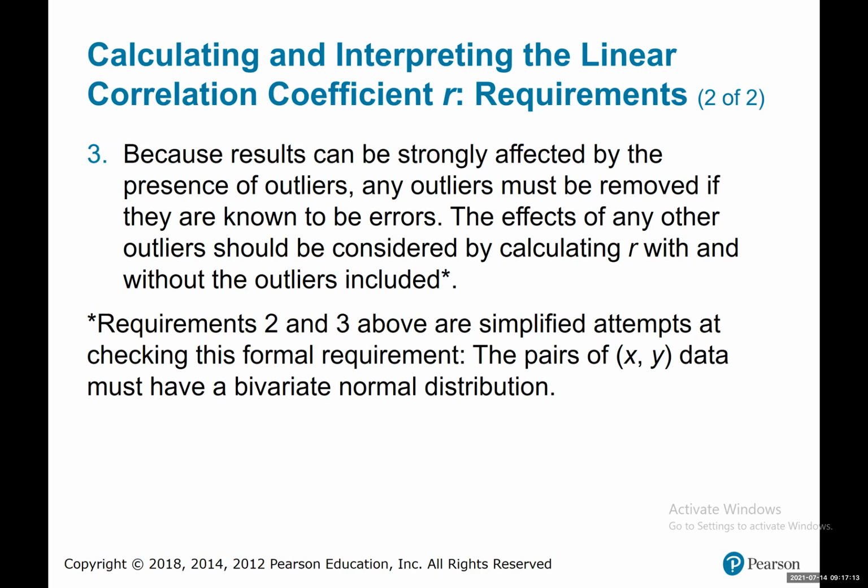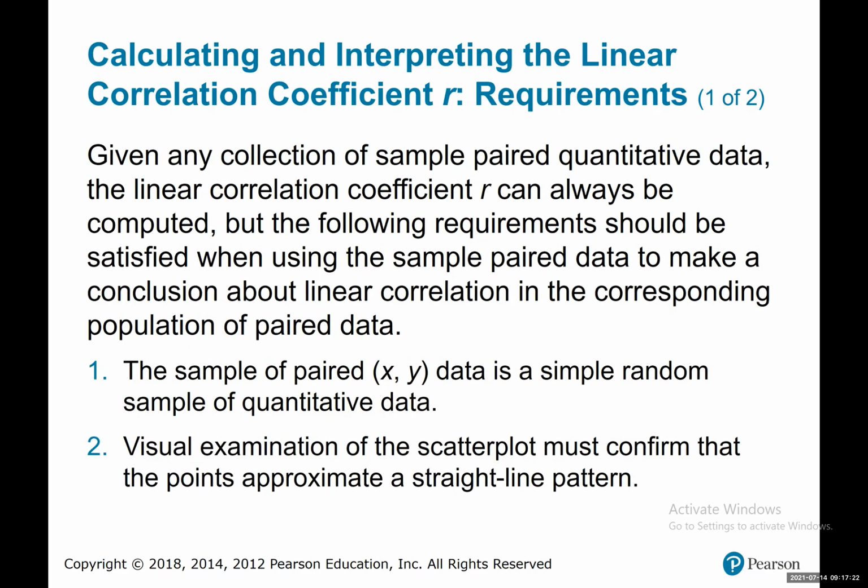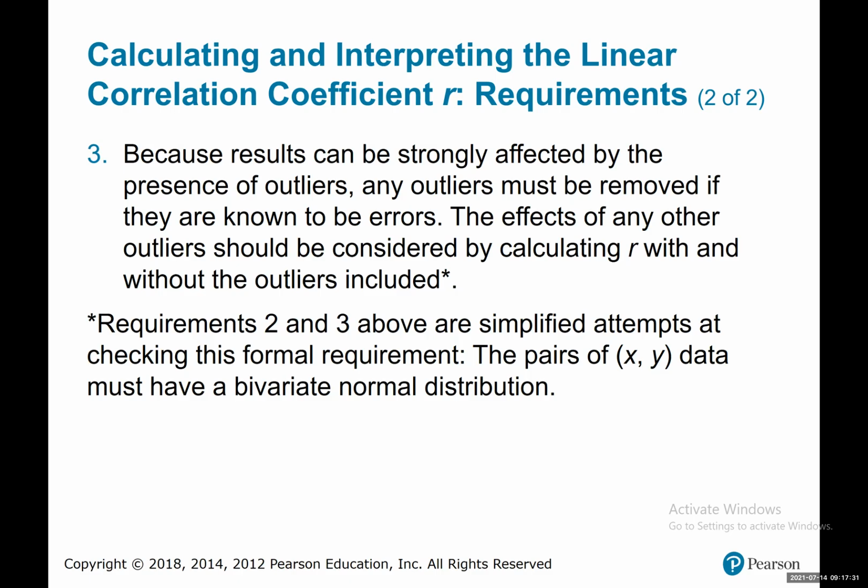And if there are outliers, they must be removed. Outliers are really making a difference. So: simple random samples, visual examination that it's a straight line, and outliers should be removed.